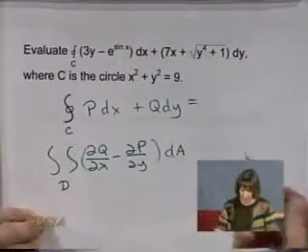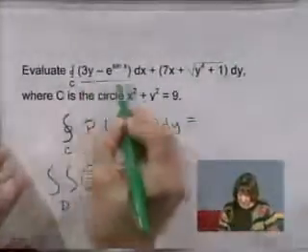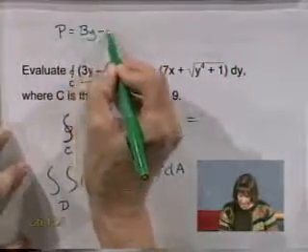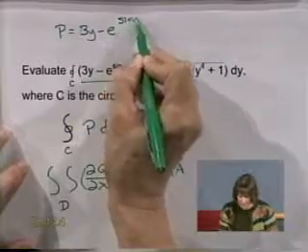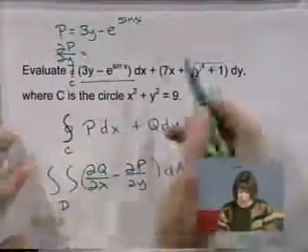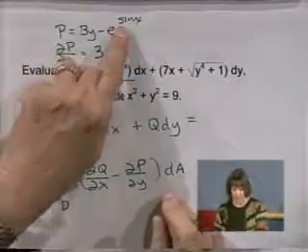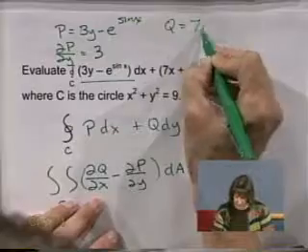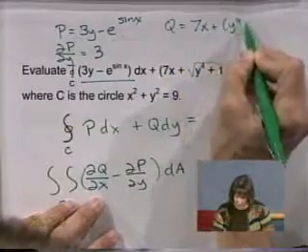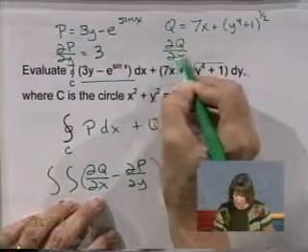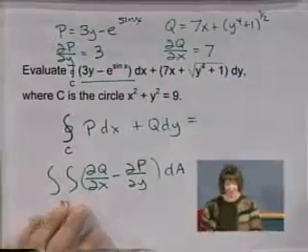So in this particular case, this is my P. P is 3y minus e to the sine x. So the partial of P with respect to y is just 3, because that's 0. And my Q is this ungodly 7x plus (y to the 4th plus 1) to the 1/2. Partial of Q with respect to x is just 7.